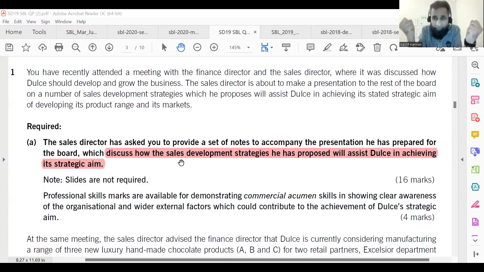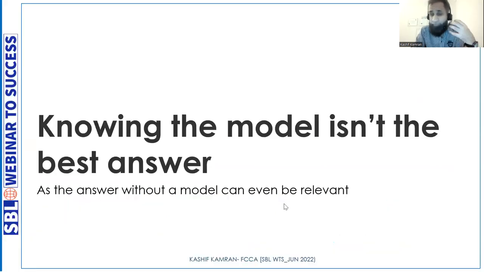Again, a lot of the time students spend thinking about a model when you can write a journal answer, linking that to the case study. So I hope you start taking this in control: knowing the model isn't the best answer. A lot of times students forcefully try to connect a model when the model is not applicable or not relevant, and at times you even apply a wrong model.